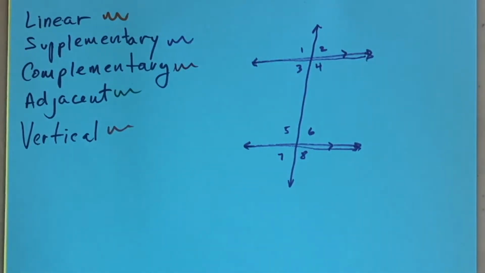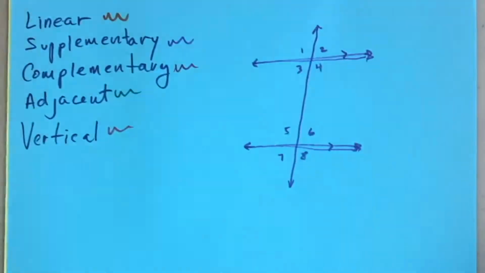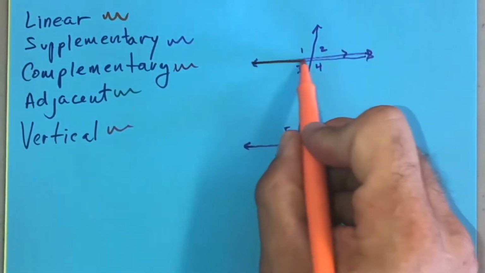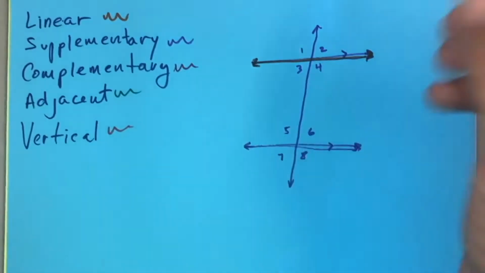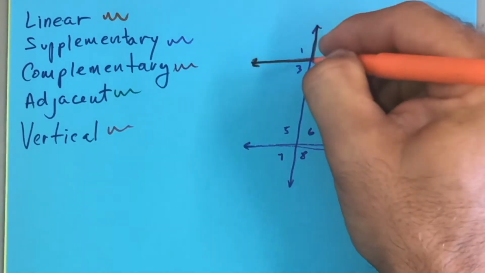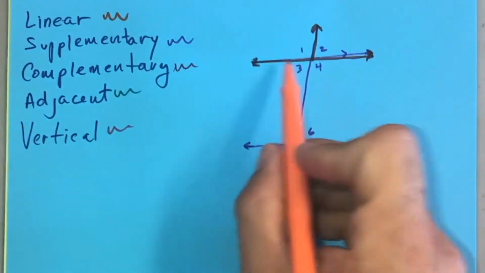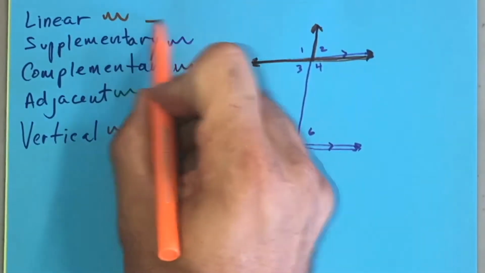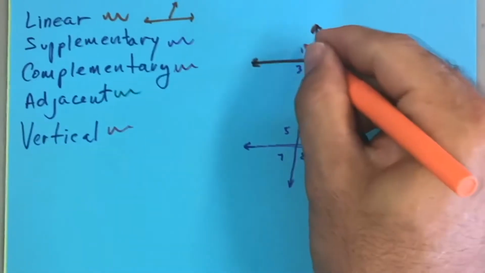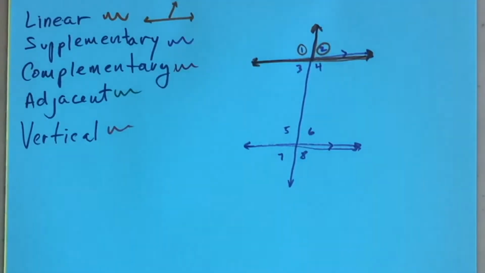So let's just take a look at an example of a linear pair. So here I have a line. If I have two angles like angles 1 and 2 that are added together to form a line, then I could call these two angles a linear pair.